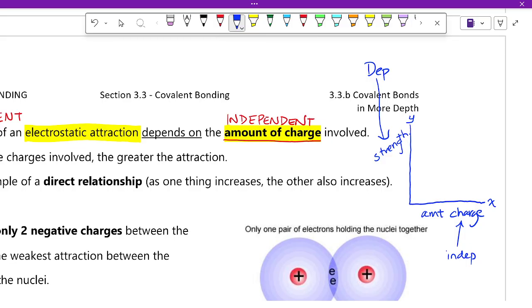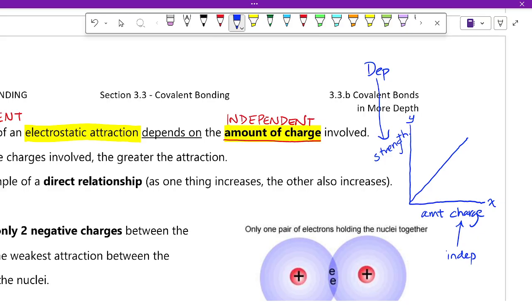As the amount of charge gets bigger, what happens to the strength of the electrostatic attraction? If I had a 1 plus charge as opposed to a 2 plus charge, which one would have a stronger force associated with it? 1 plus or 2 plus? 2 plus, okay? So as the charge gets bigger, the strength gets bigger. Is that going to have an uphill slope or a downhill slope? That's going to have an uphill slope.